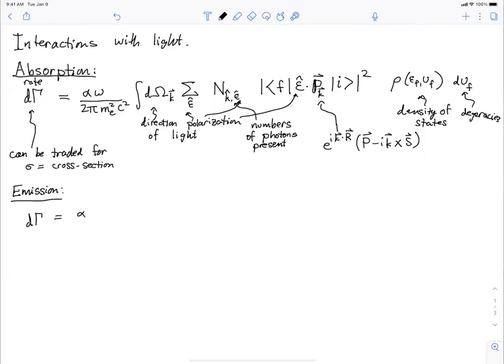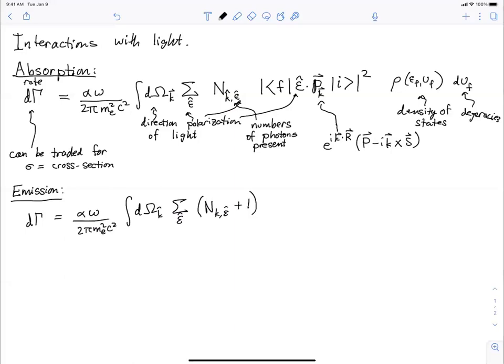It's got the same prefactors. You again have to do an integral and the sum over polarizations. But now what goes here, we showed last time, is the number of photons present plus 1.